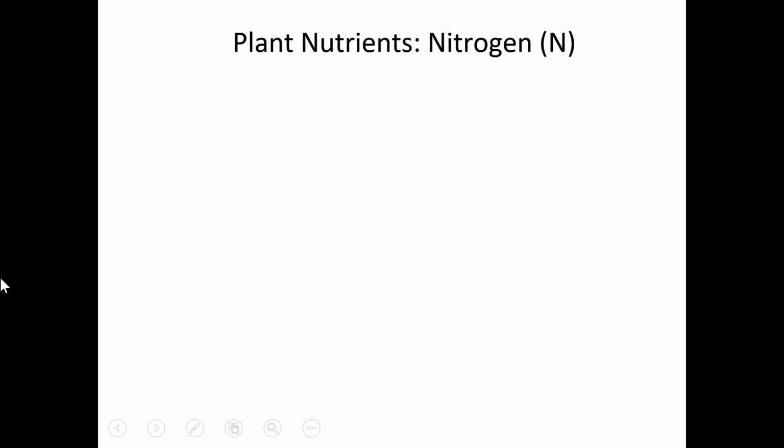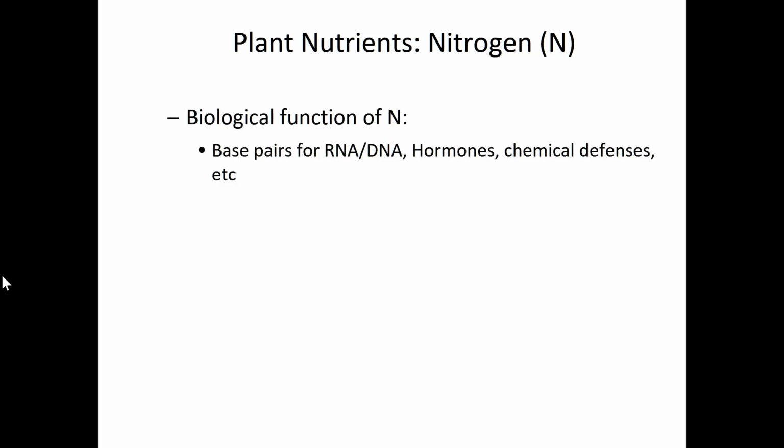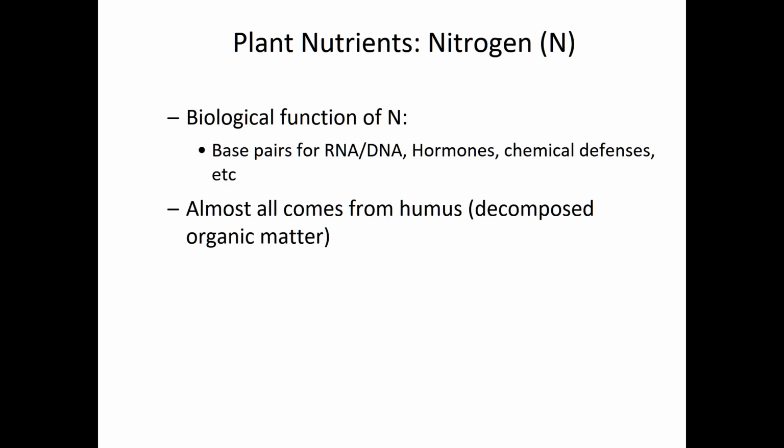So let's talk about each of those nutrients in order, what they do for a plant and where they come from. The first one is nitrogen. For nitrogen, the biological function is that it is involved in the transfer of genetic information, RNA, DNA. It's also a large component of plant hormones, plant chemical defenses, etc. Most of this nitrogen comes from humus, the decomposed organic matter in that upper horizon of soil.